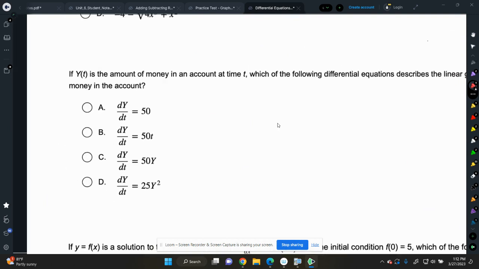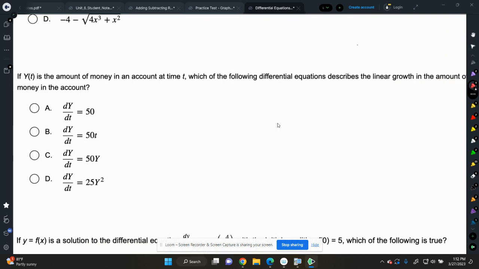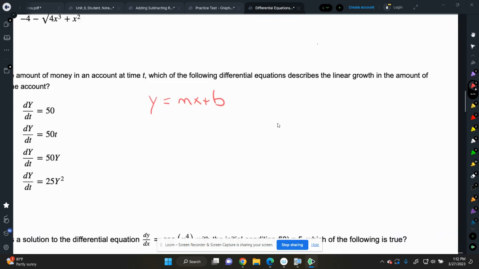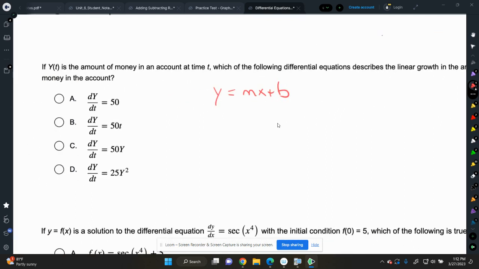Okay, let's look at the next one. If y of t is the amount of money in an account at time t, which of the following differential equations describes linear growth? If it's linear, then y equals mx plus b.